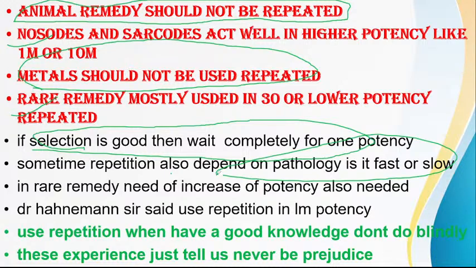All these fixed ideas, either about your potency or about your repetition, are basically prejudices. If you go through the literature of different homeopaths, then the prejudice will be greatly decreased. Never be prejudiced that I have to give a single dose or I have to give many doses. No, don't become prejudiced. See the case and do whatever you want at that point.